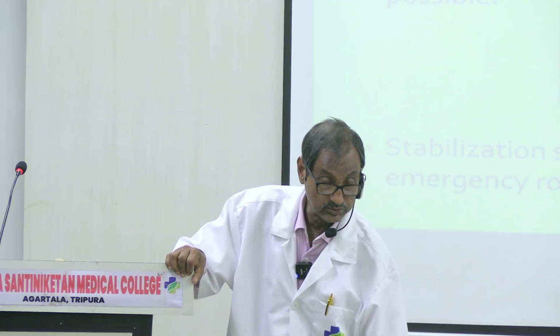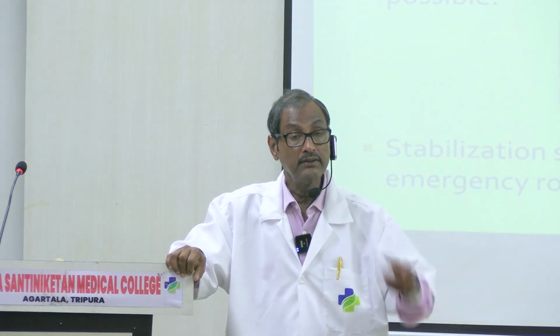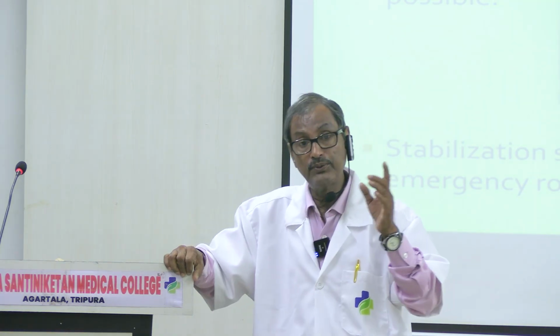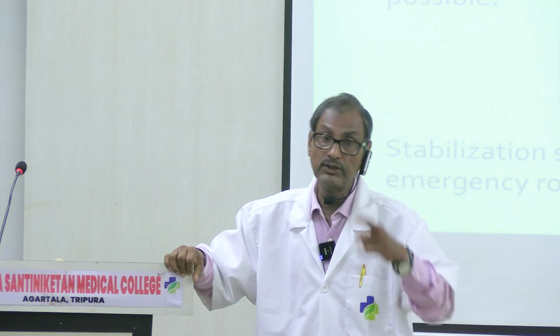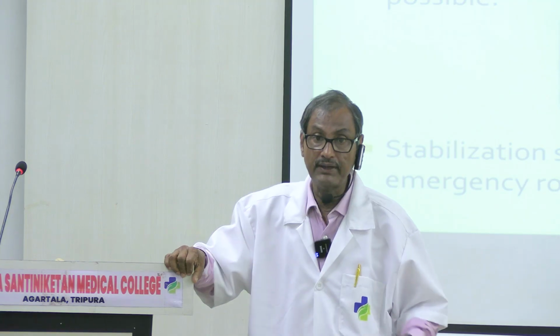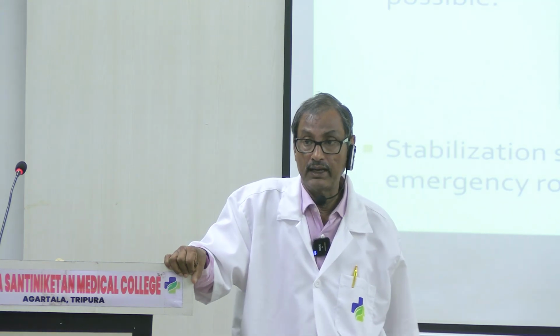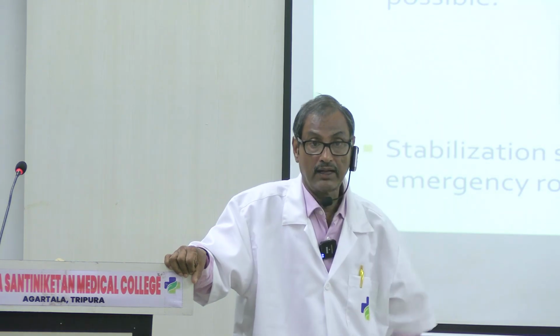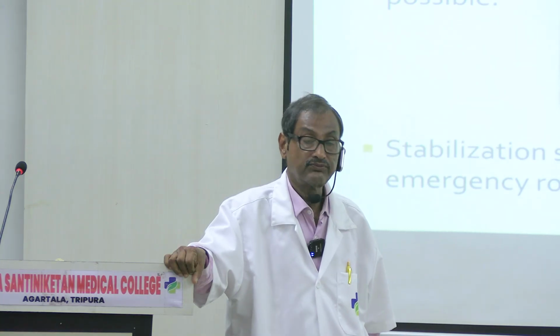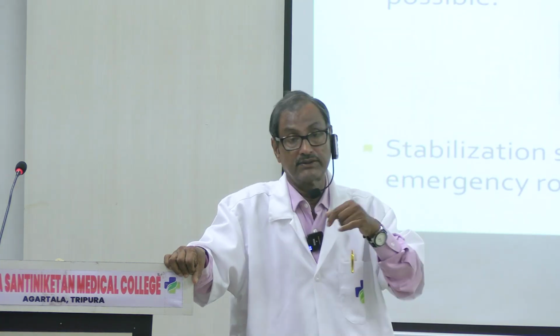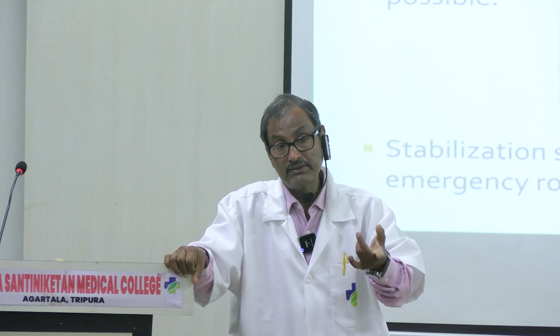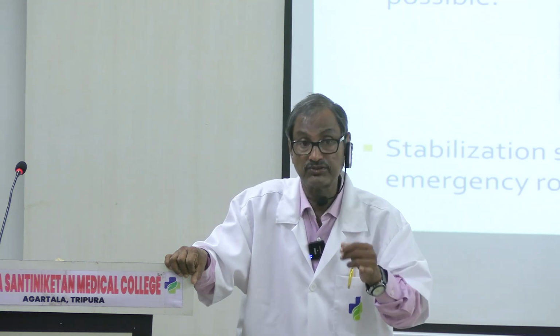We put rods from outside and fix. Only if you fix the bone can you do dressing. Otherwise, every day you open and there is movement. Without fixation of the bone, dressing is not possible. When the wound heals up, then you go for definitive surgery.